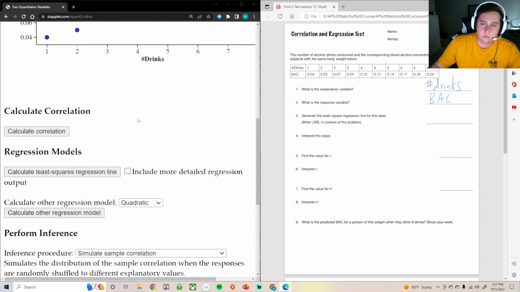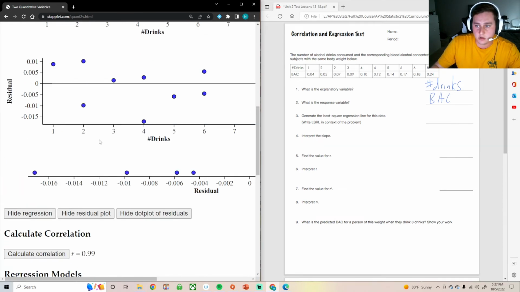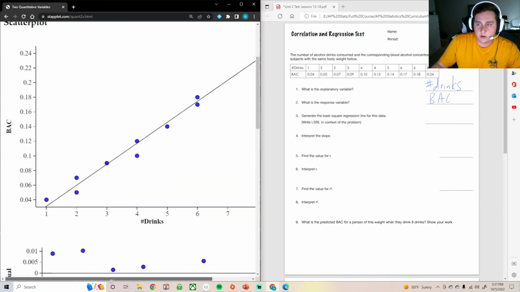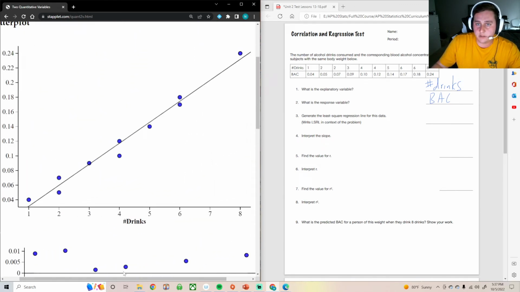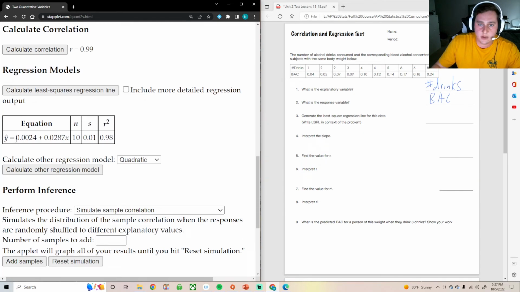So after you type in the data, you hit calculate correlation, calculate least squares regression line. So here is the data with the least squares regression line inputted. If you scroll down, it gives you the actual equation of the data, same as your calculator would. It's missing the context though. So to be very clear on the context, we're talking about predicting blood alcohol concentration as a function of the number of drinks that you have.